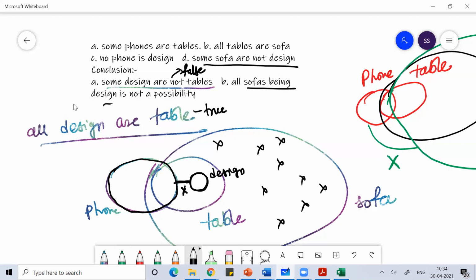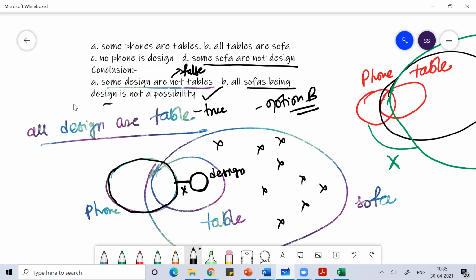I hope I'm making sense to you. So it is written that some sofas are not designed. If it is given that some sofas are not designed, then all the sofas being designed is not a possibility. That's 100%. Because it is given already that some sofas are not designed, all the sofas cannot be designed.